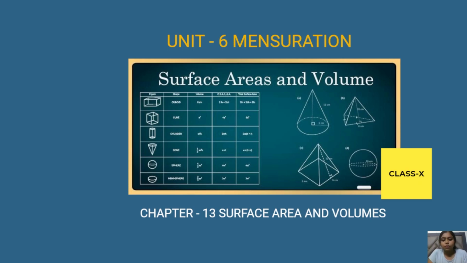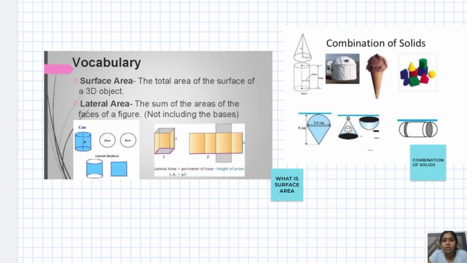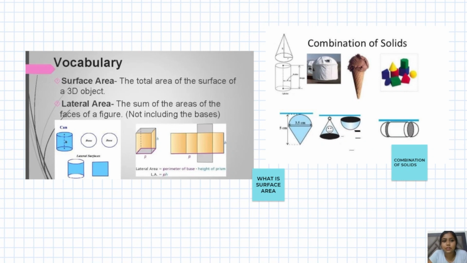Okay. So let's just start with this chapter, Surface Area and Volume. As the name suggests, what does surface area mean, right? Here we'll start with the surface area and lateral surface area. Like in class 9th sessions we have discussed a little bit about this surface area, also known as the total surface area.